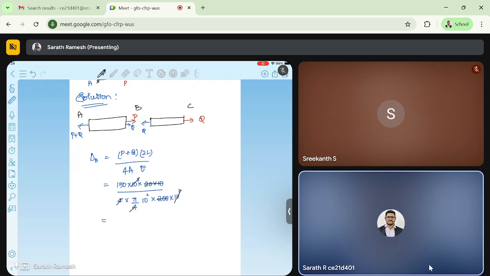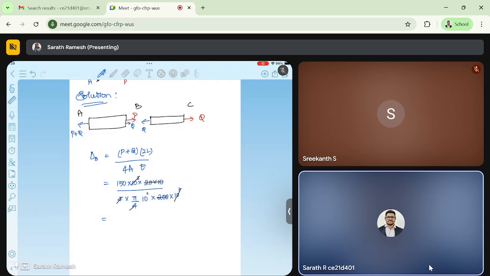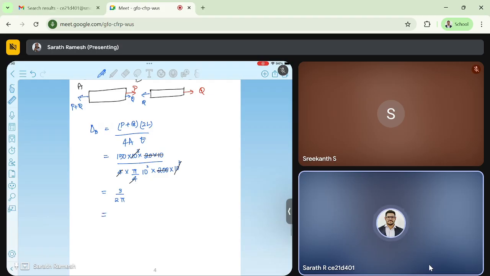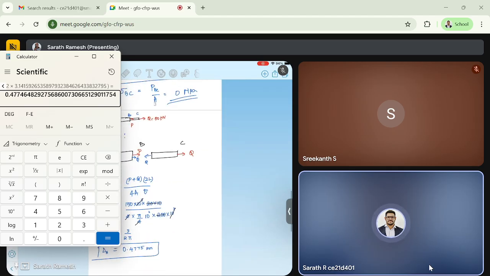What is left? 150 by 100, so this is 3 by 2 pi. Finding the final value, 3 divided by 2 pi, I'm getting 0.4775 mm. Okay, this is delta B for us. This finishes the first part of the problem.